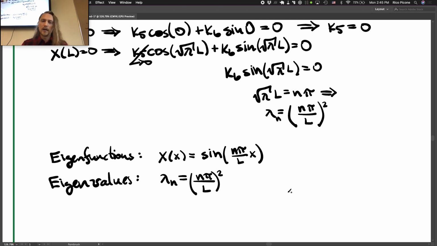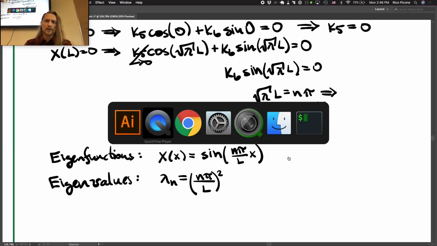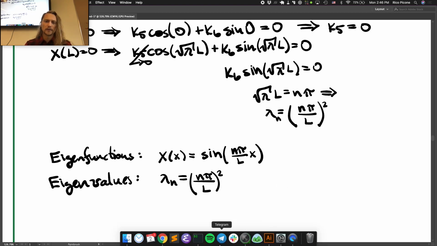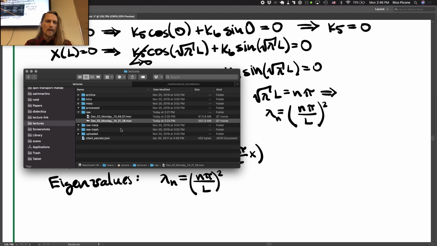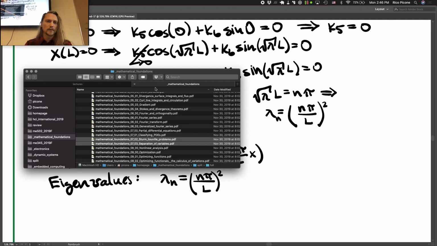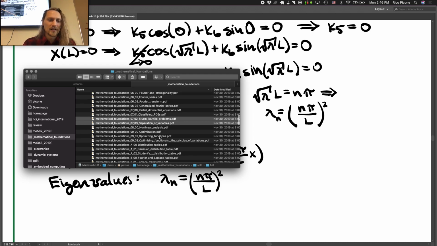So I'll post the code for this. I want to plot some different eigenfunctions, so I'll pull up the graph because it's a lot easier to see the graph than to do this.